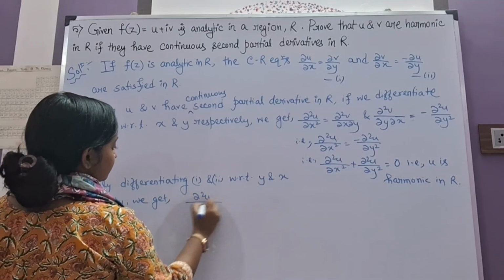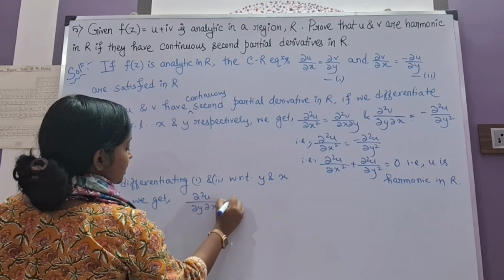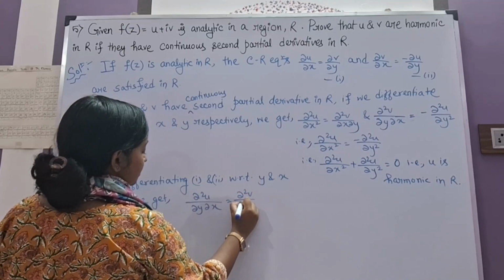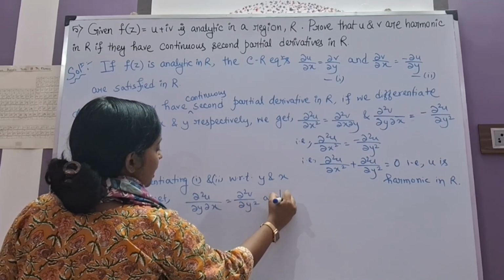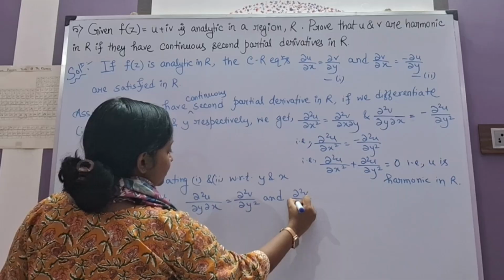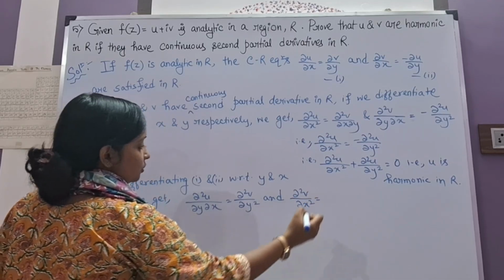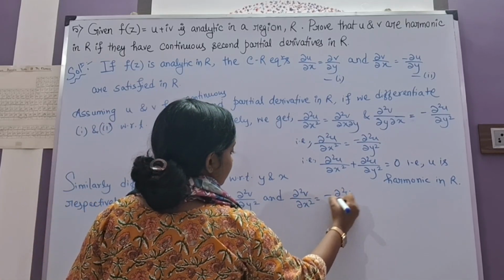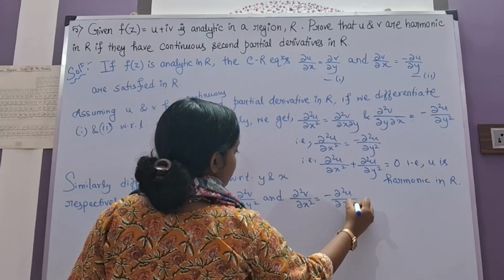Del 2u del y del x equals del 2v del y2 and del 2v del x2 equals minus del 2u del x del y.